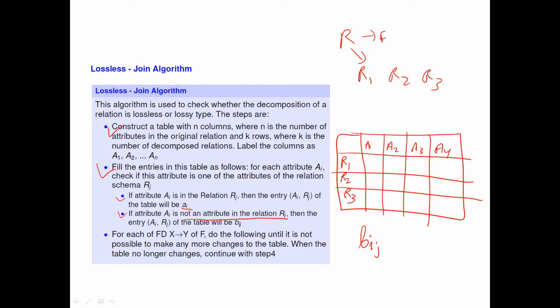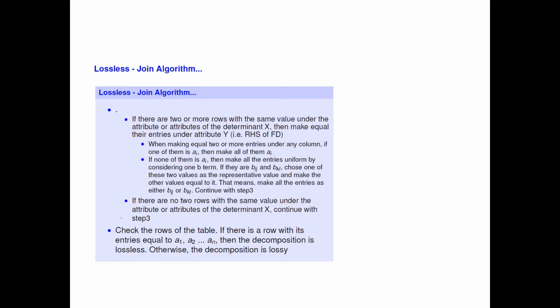Once I have created this table with the respective ai or bij, I'll check every functional dependency of the original functional dependency set, and check whether the functional dependencies are holding. If not holding, I'll change the RHS part to make the functional dependency hold. Because we know, let the functional dependency X arrow Y hold.